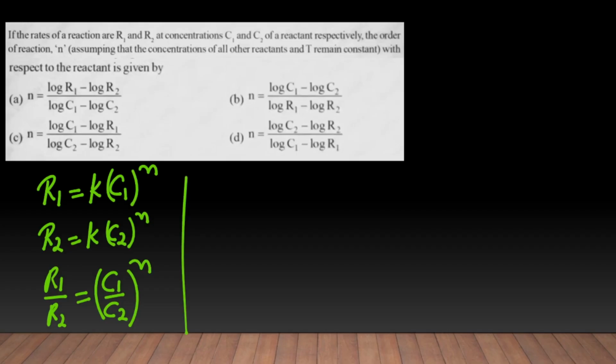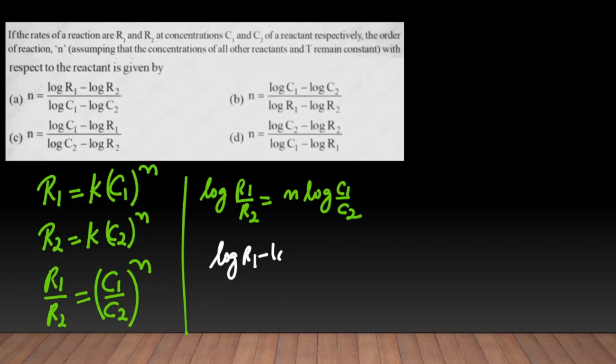So take the log on both sides now. Log of R1 by R2 will be equal to n times the log of C1 upon C2, right? Log of M by N, we can write as log of M minus log of N. This is equal to n times the log of C1 minus the log of C2, right?